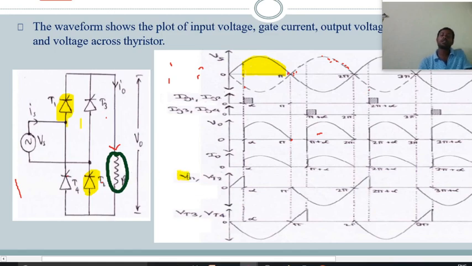So the voltage across T1 and T2 will be 0 during this conduction period of T1 and T2. Other than this period, until we give the gate pulse, the voltage across the thyristor will exist.